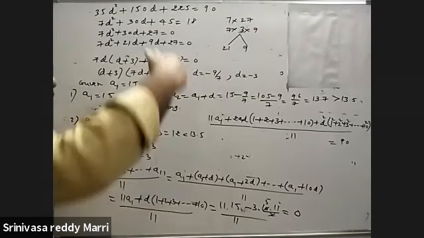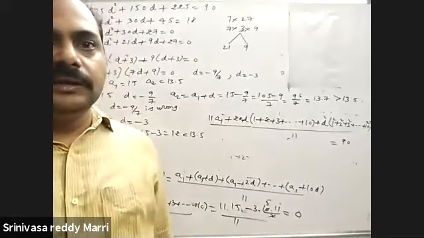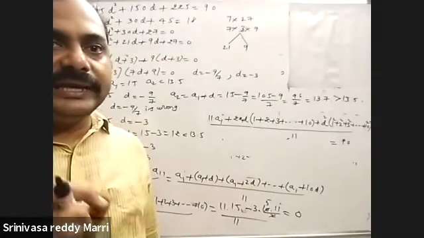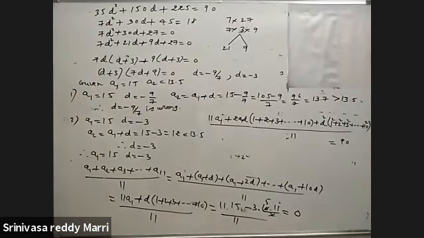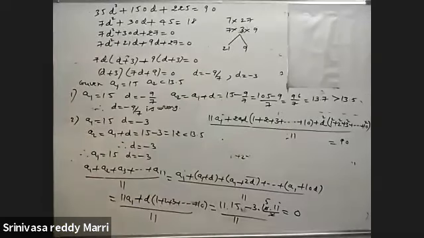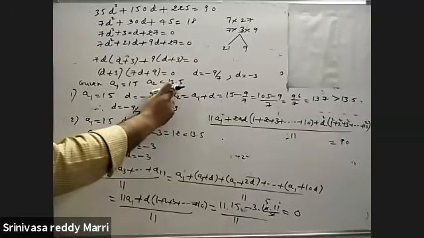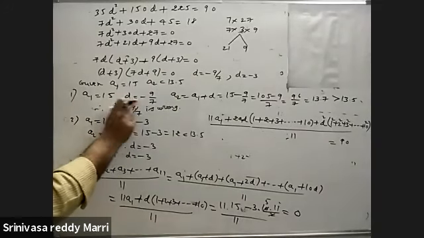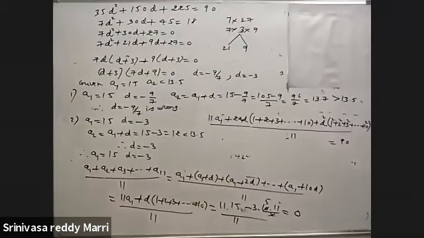These types of multi-concept problems will be given in IIT. The thing is, from the given information, you have to find out what D is. If you know D, you can calculate everything. So you got two values of D. But he has given that A2 is less than 13.5. That's why one D is eliminated. This is not possible because you got A2 greater than 13.5.